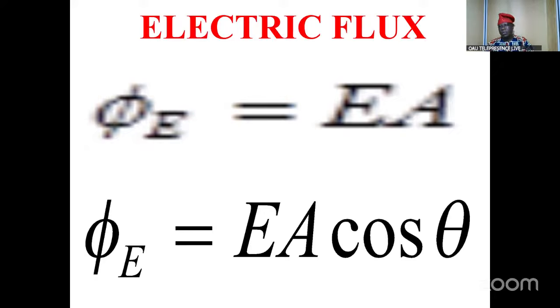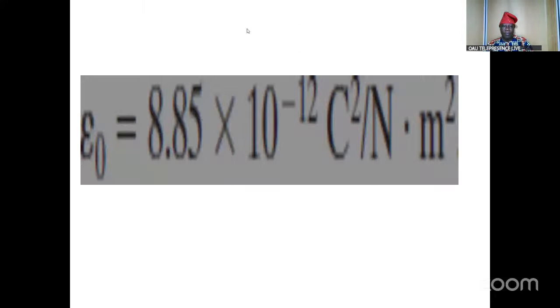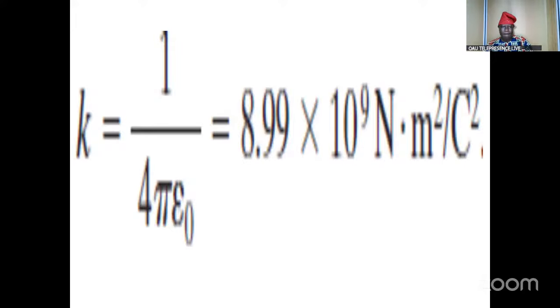Now the last question for today, we go back to that. That is taken from the previous. I've told you the value you have to use now, epsilon naught is 8.85 times 10 to the power minus 12. Put that somewhere. And K, which is 1 over 4 pi epsilon naught, equals 8.99 times 10 to the power 9.